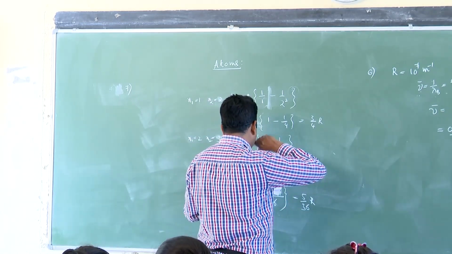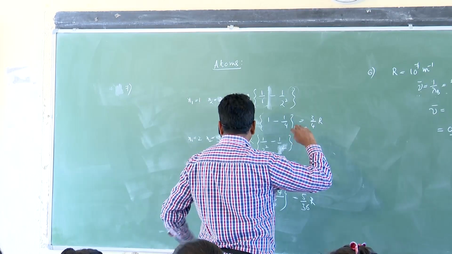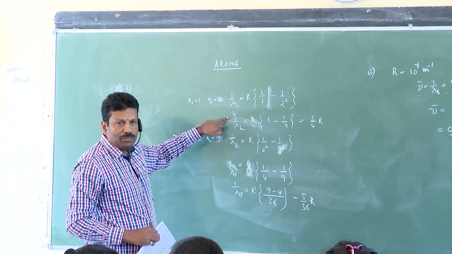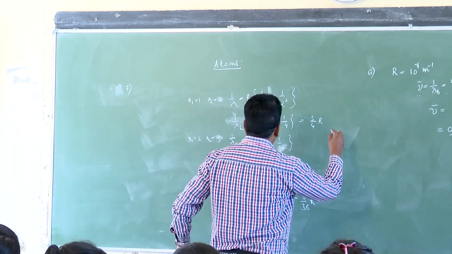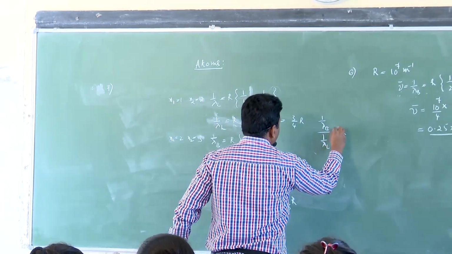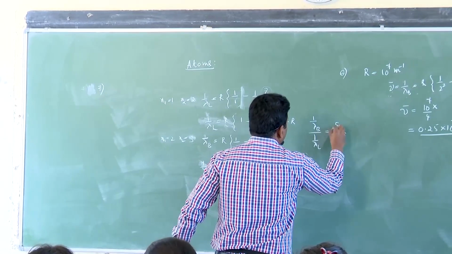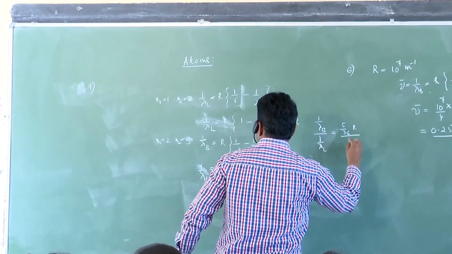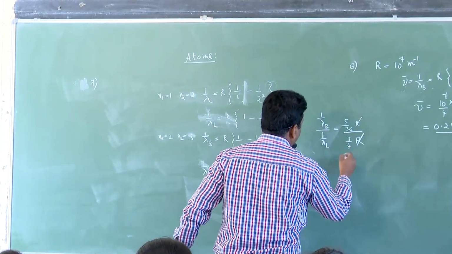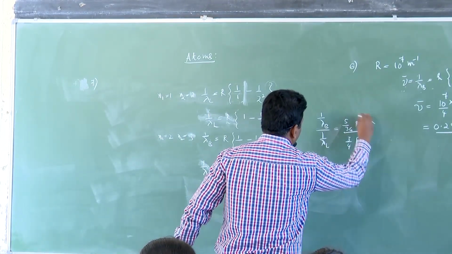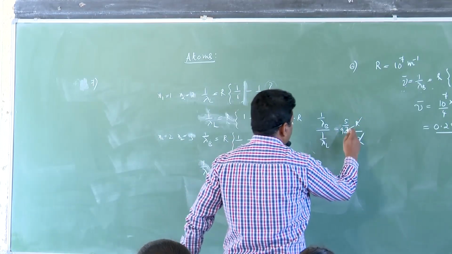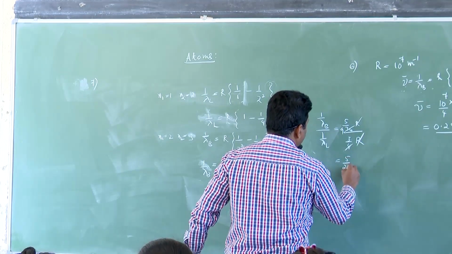Lyman and Balmer series, they are asking. So if I divide, I do 1 by lambda B by 1 by lambda L. 1 by lambda B is 5 by 36 R and this one is 3 by 4 R. So it is 5 by 27.